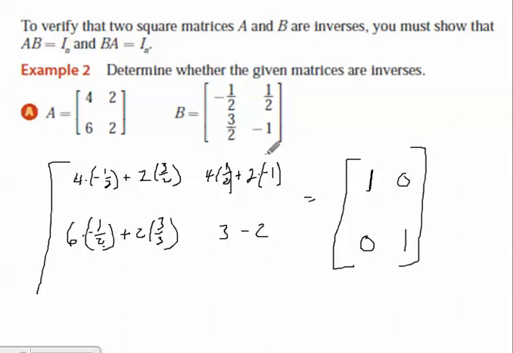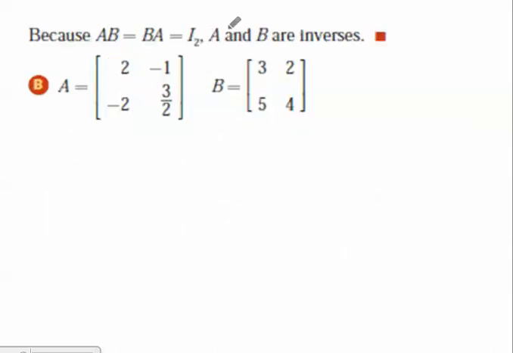It gave me back that 1, 0, 0, 1. So yes, these two are inverses of each other. We multiplied them together and got the identity. I guarantee if you multiply it the other way around, you would get it. You just have to make certain you know how to multiply the matrices together. Because these are inverses, I can switch it around either way.